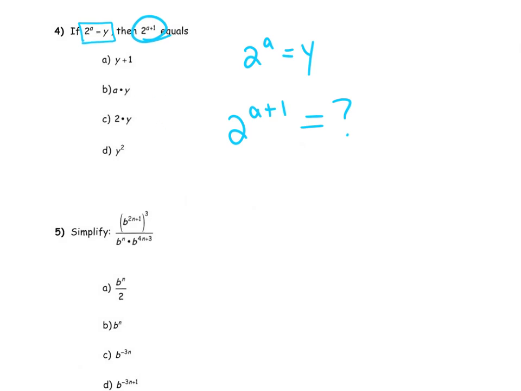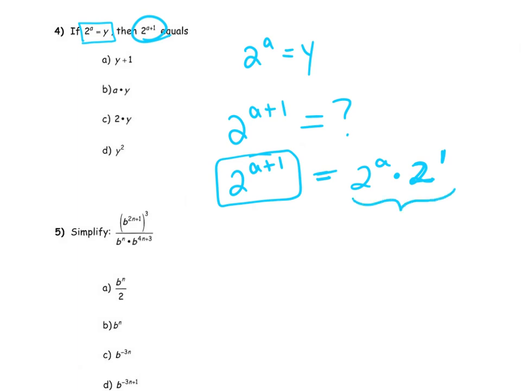So, how can I rewrite 2 to the a plus 1? Any ideas? Well, remember, when you multiply like bases, you add the exponents. So let's undo that. Can't we just rewrite this as 2 to the a times 2 to the first?